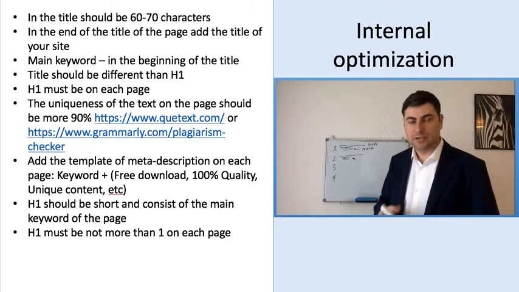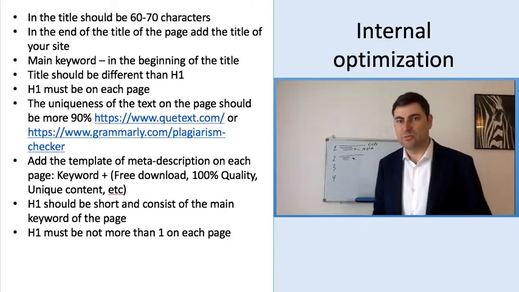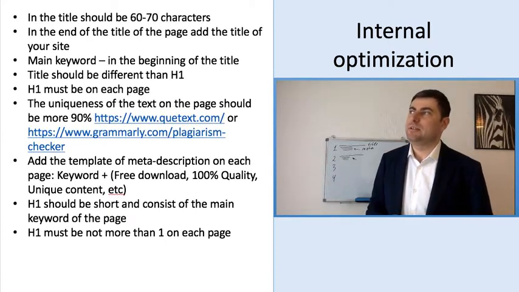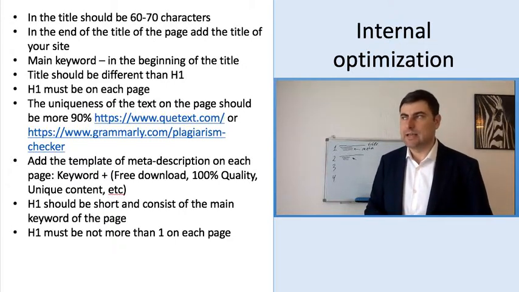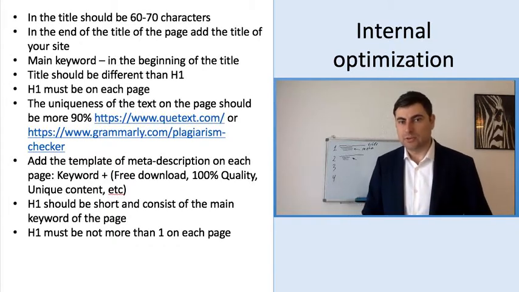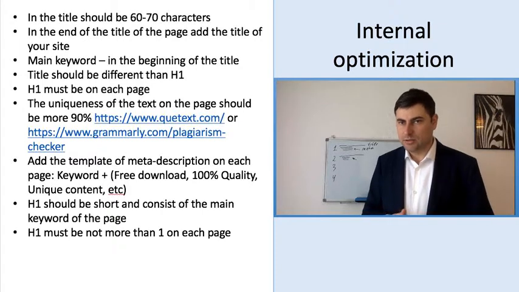For example, as you see, keyword plus some keywords that attract the user, that say to them, well, this is what you want. For example, free download, 100% quality, unique content, rare content, and so on.